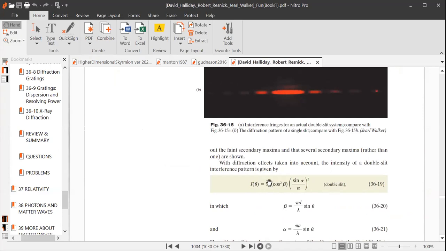This is EM squared, and EM is the amplitude. This I here depends on theta. This D here is the distance between two slits, while A is the width of a slit. Is that your question? Yes, that's my question.